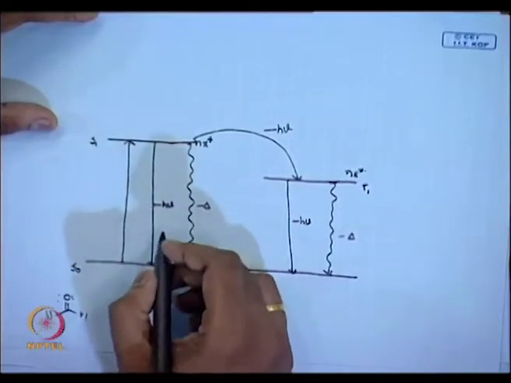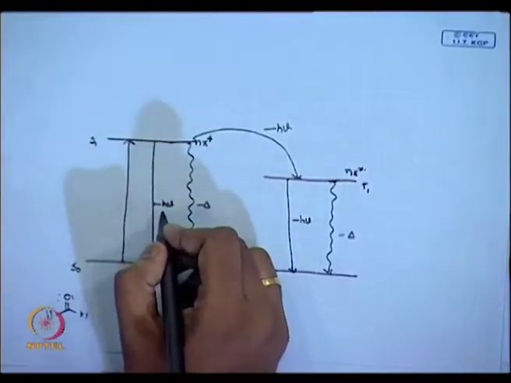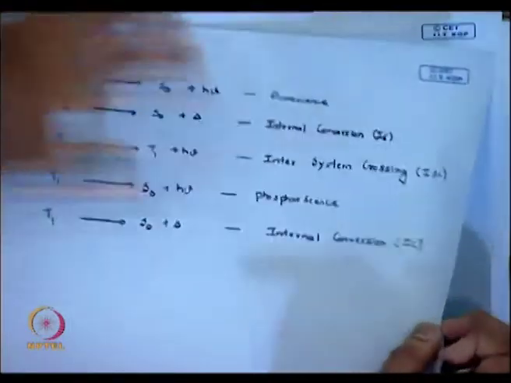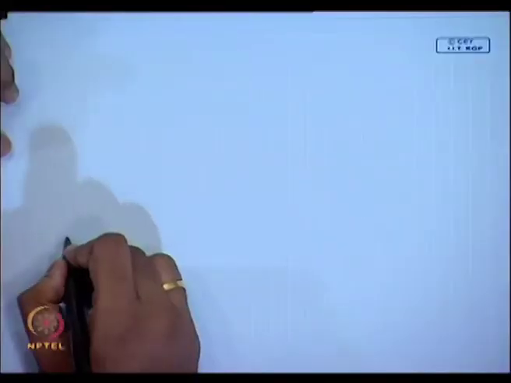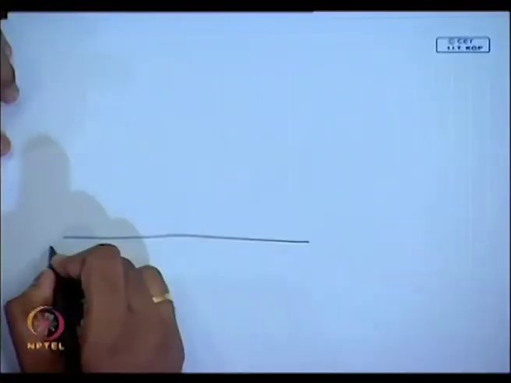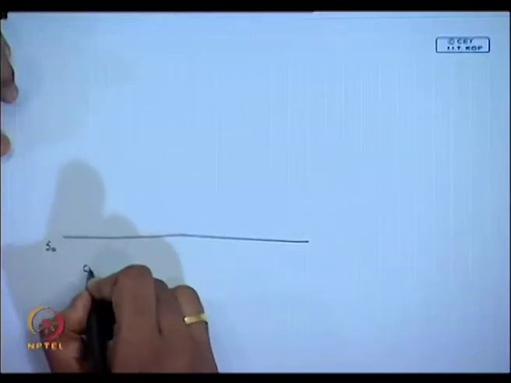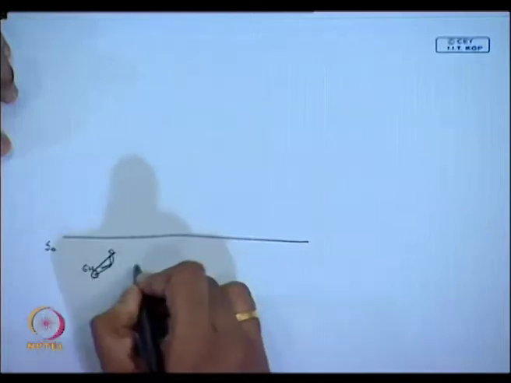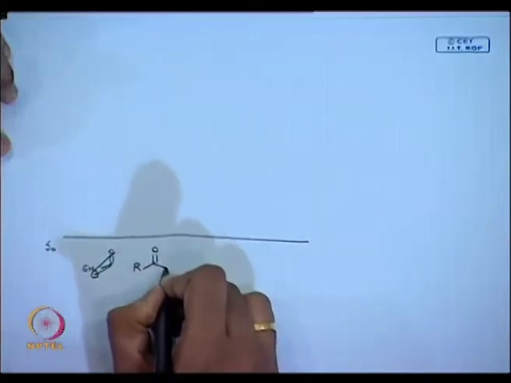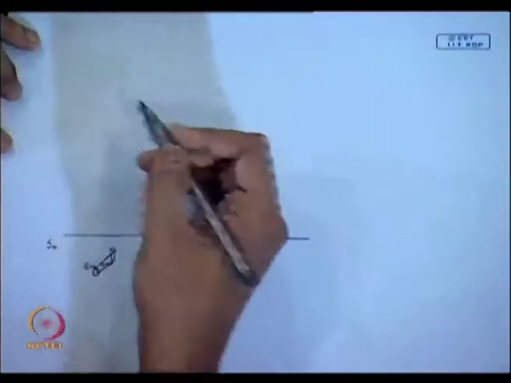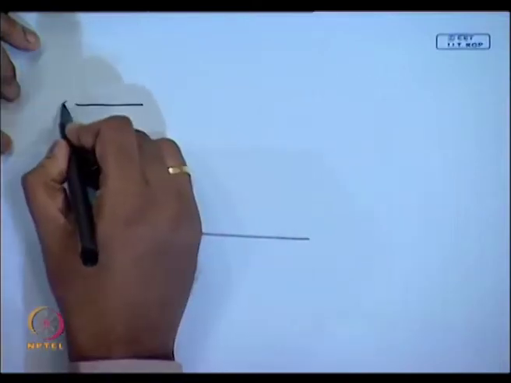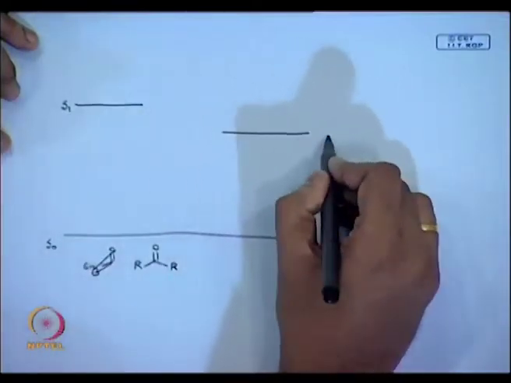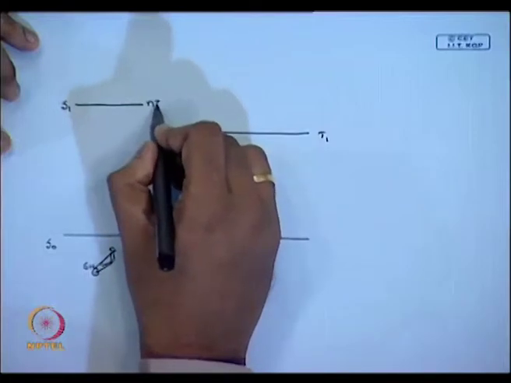For fluorescence, we can write it on a separate page, because it does not work for formaldehyde, it works for general ketones, these numbers. If I take, for example, R for a general ketone S0, then I have an S1, I have my T1, talking of n pi star.